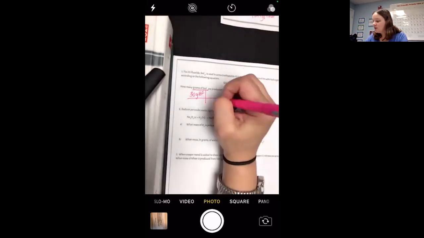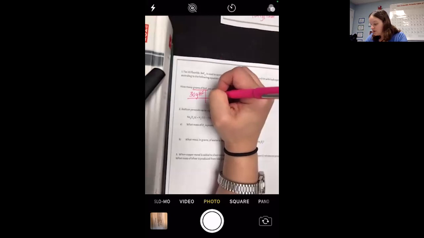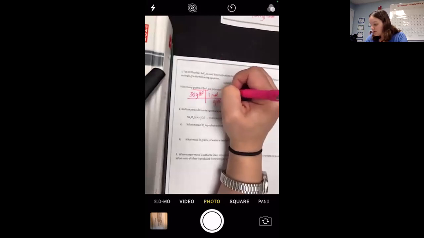And then I'm going to go from grams of HF in 1 mole. Okay, and then I need to do a mole ratio of moles of HF and go to moles of, in this case, the tin-2 fluoride.